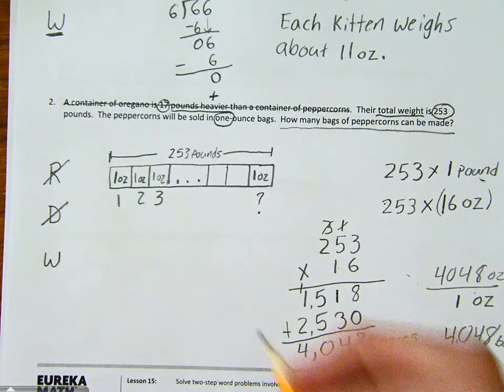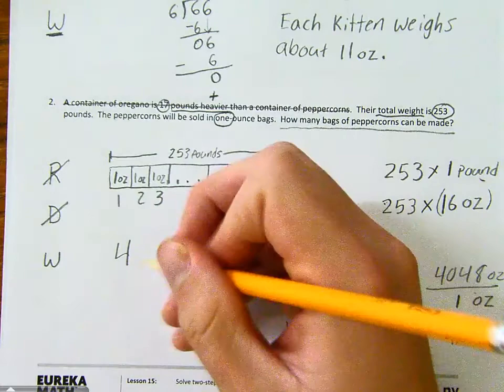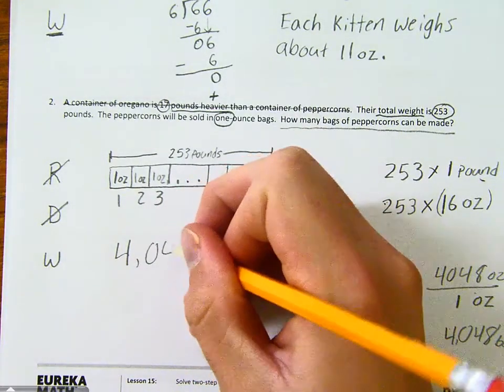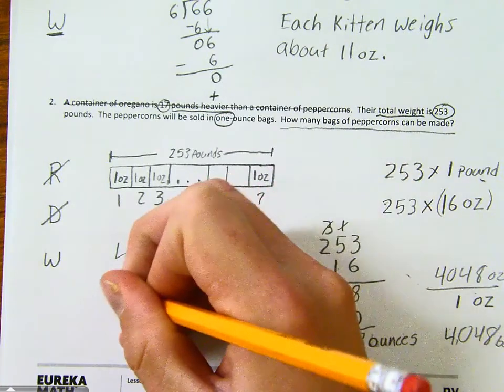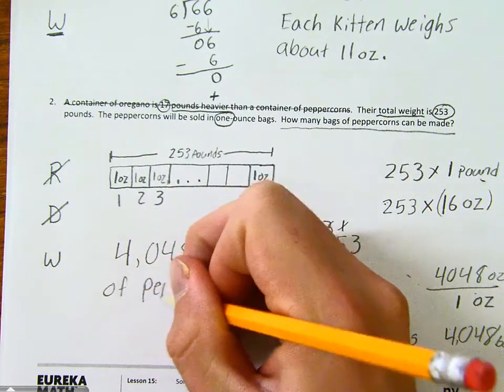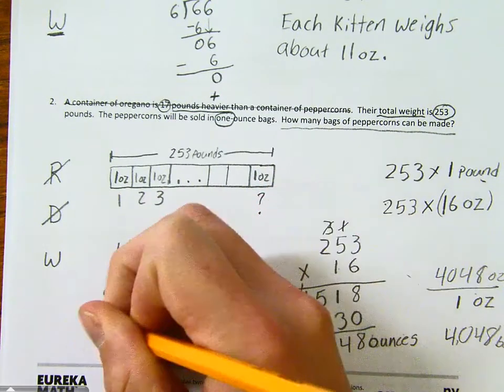So it says how many bags of peppercorns can be made? 4,048 bags of peppercorns can be made.